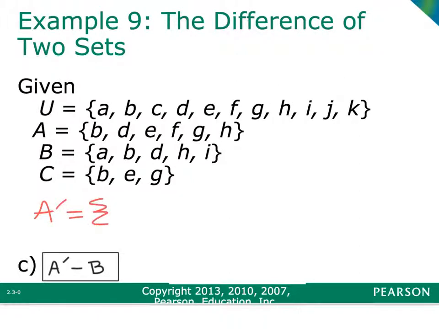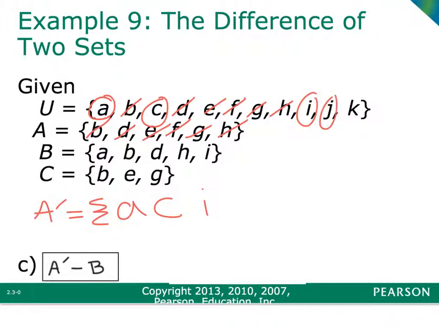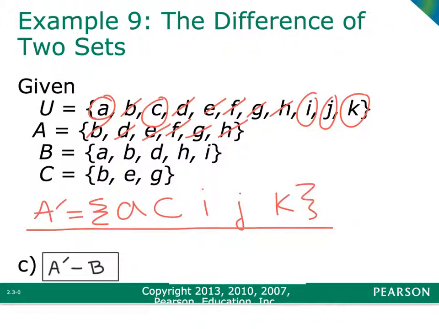Remember, A naught are all the elements in the universal set that are not included in set A. So we need to take out the B, the D, the E, the F, the G, and the H. So that would mean that set A naught includes A, C, I, J, and K. Okay, so this is the set we're working with, A, C, I, J, K.